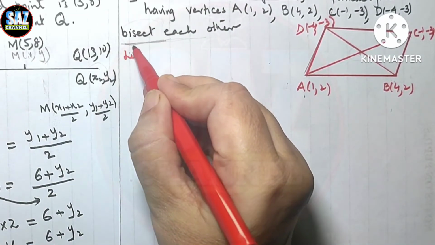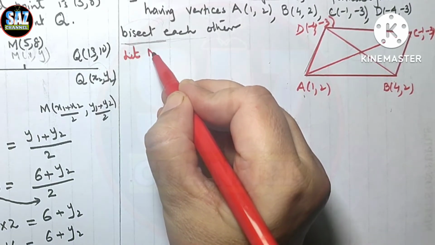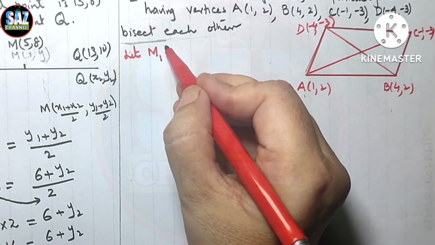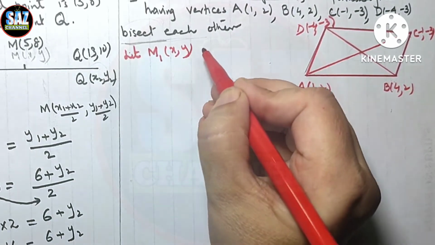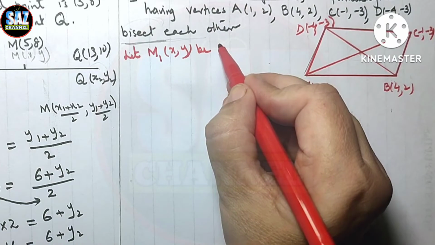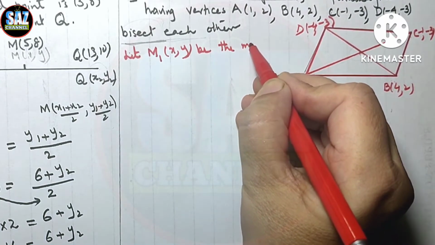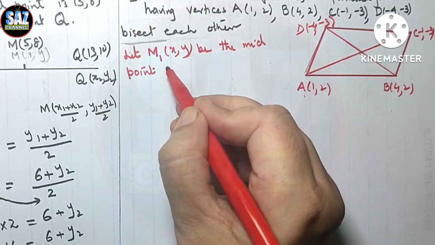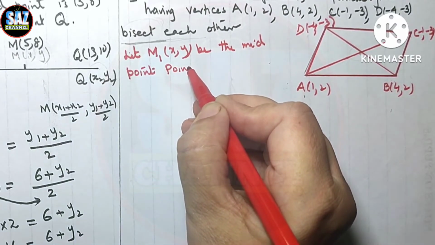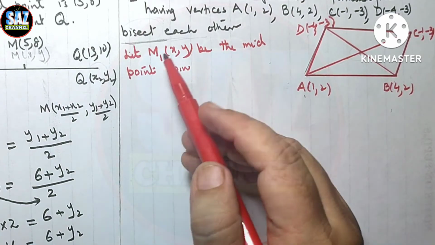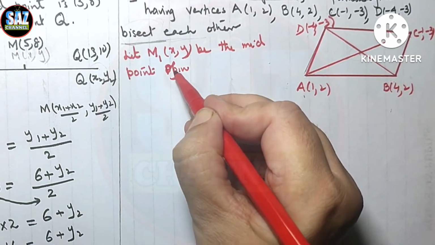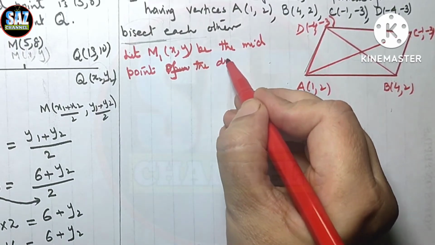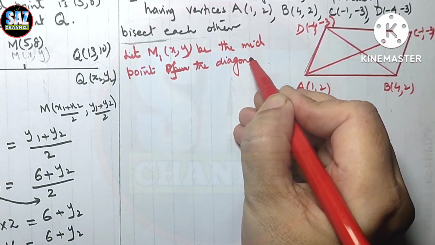Let M1(x, y) be the midpoint of the diagonal. Which diagonal, students? M1(x, y) be the midpoint of the diagonal AC.